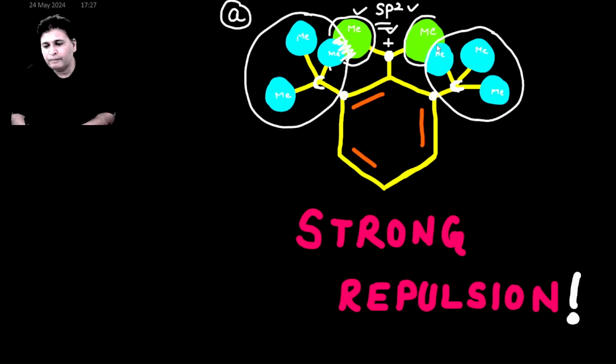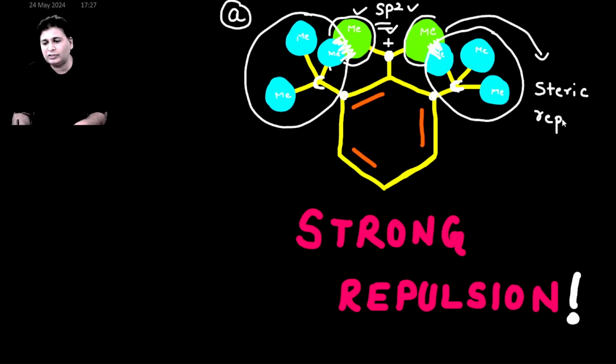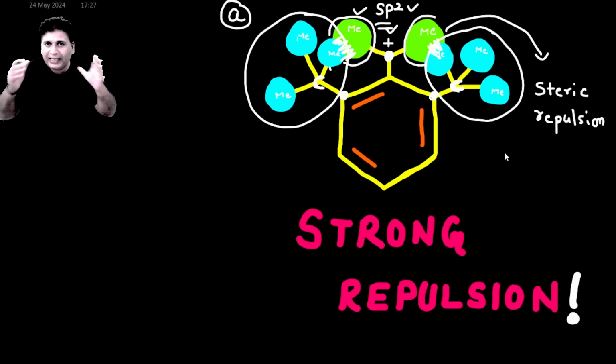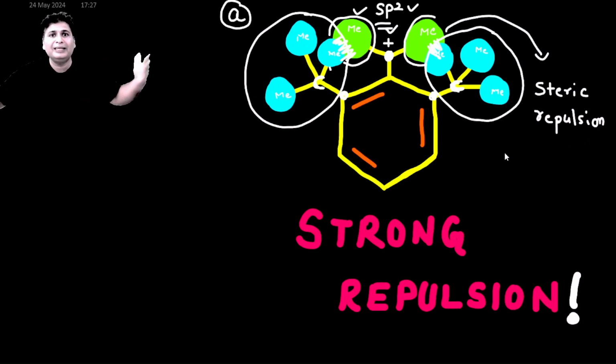You can see these groups are now fighting for space. This is called steric repulsion. Steric has to do with size, and because of the size of the methyl group and the tertiary butyl group, a fight for space starts. They are fighting for space because of their bulky size.